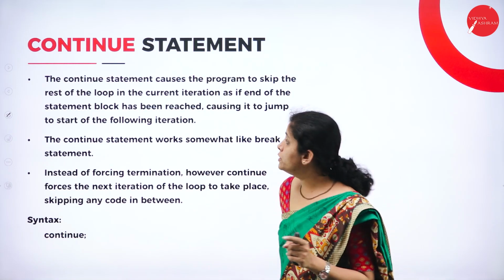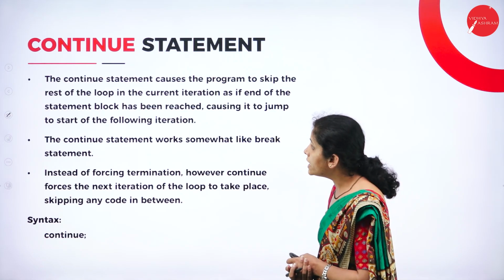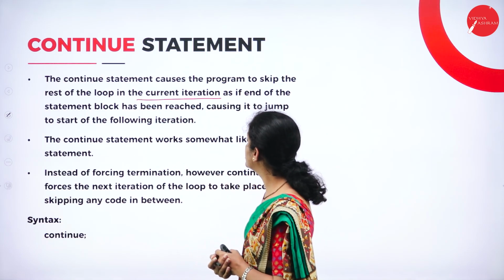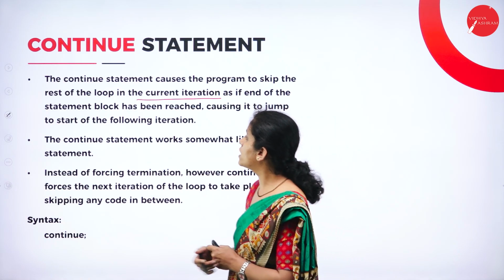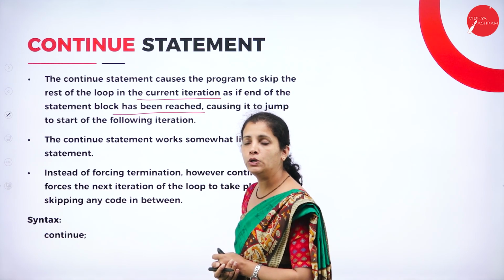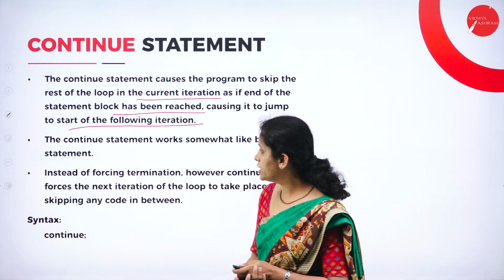The continue statement causes the program to skip the rest of the loop in the current iteration, as if the end of the statement block has been reached, causing it to jump to the start of the following iteration.